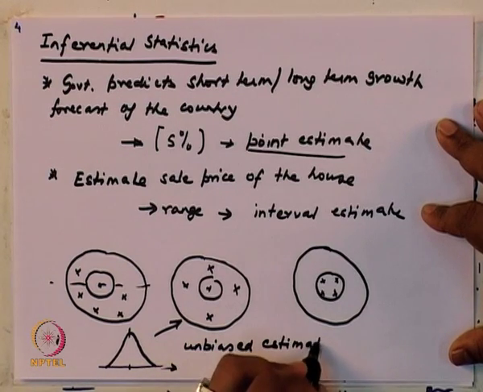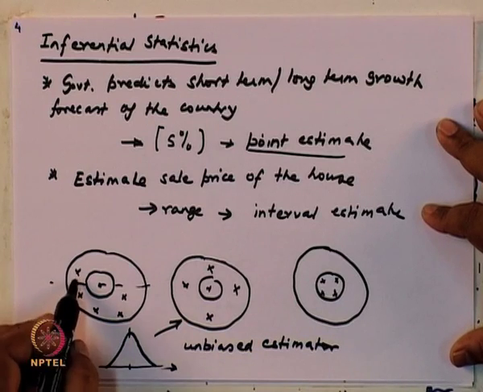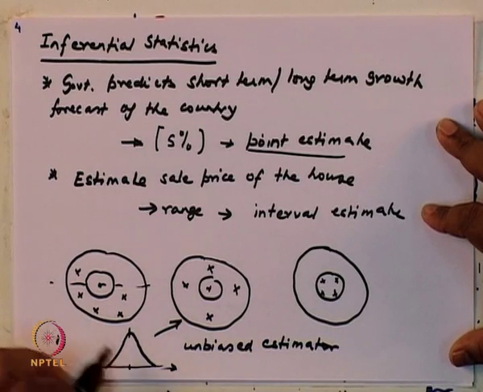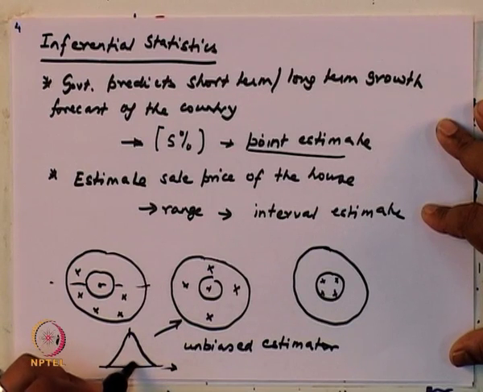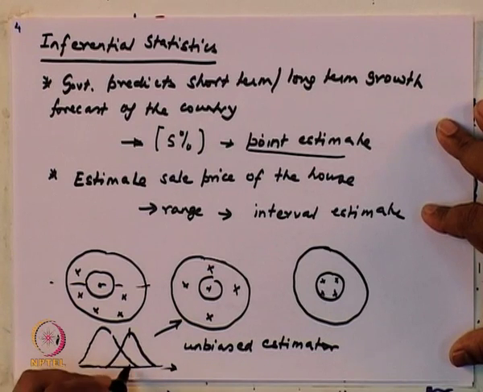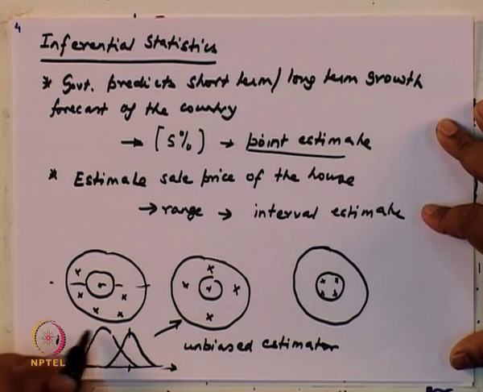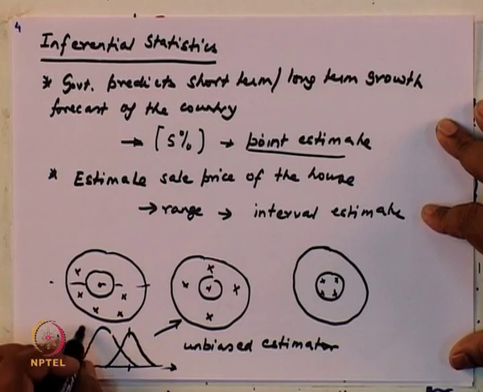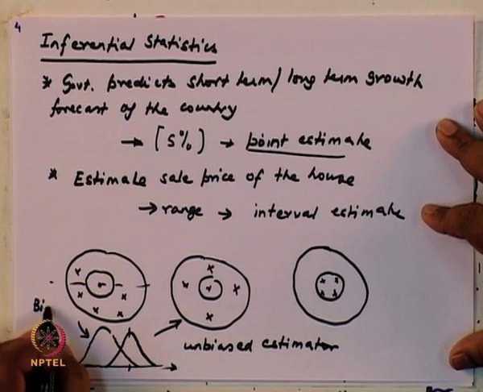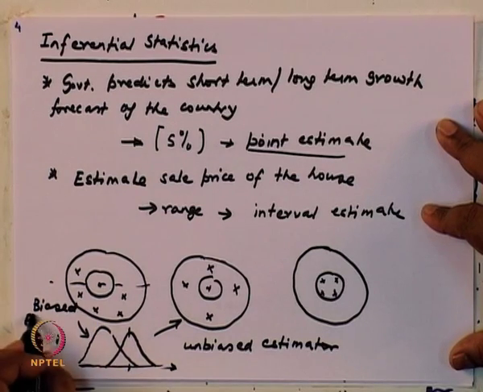Versus the example we have drawn here, where most of the time the values are underneath the true value. This is an example of a biased estimator.